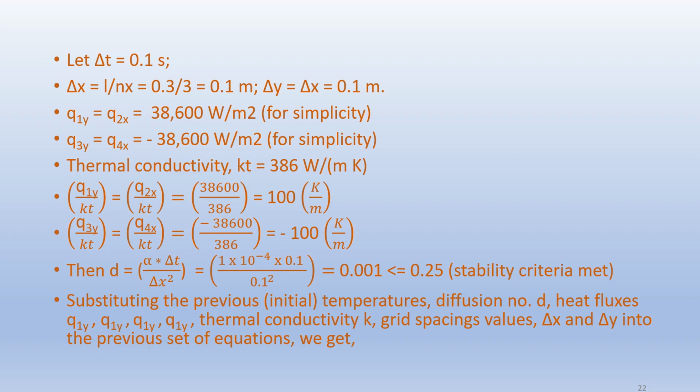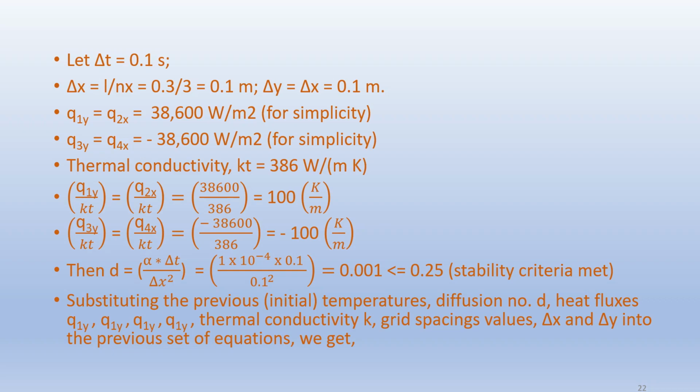The thermal conductivity KT equals 386 watts per meter Kelvin. Accordingly, Q1y over KT equals Q2x over KT equals 38,600 over 386 equals 100 Kelvin per meter, and this is the temperature gradient at these two surfaces, at these two sides.